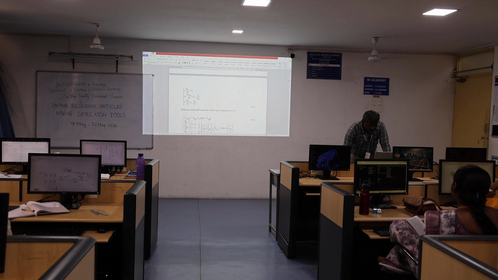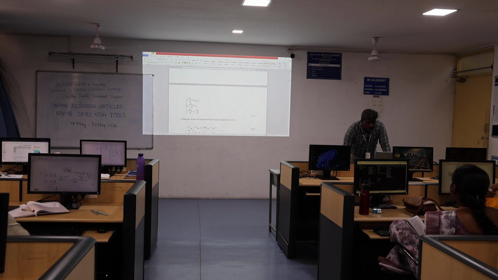Then only we are going to form the state space average model. So the next equation: C into dV0 by dt is equal to IL minus IC, or IL is equal to IC plus I0.